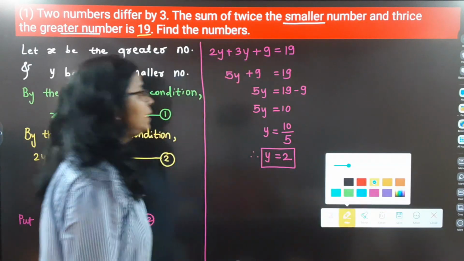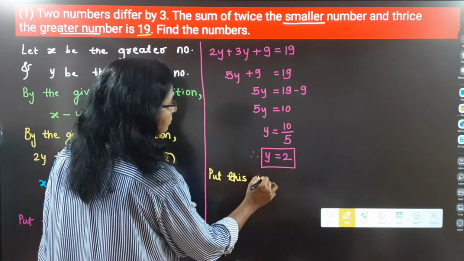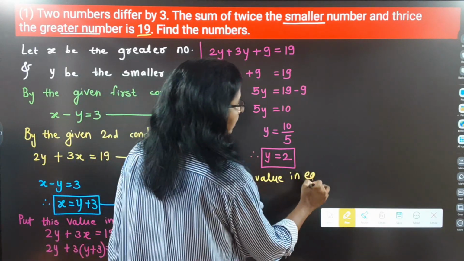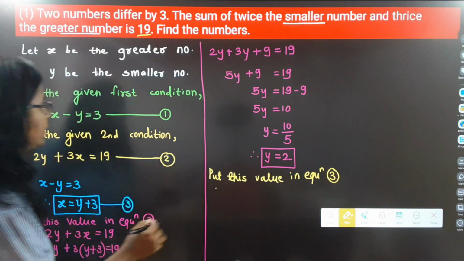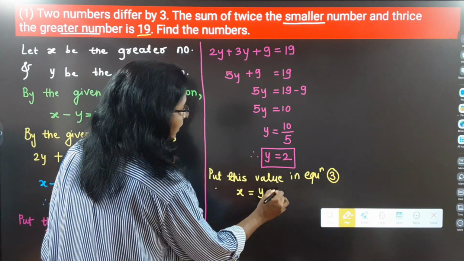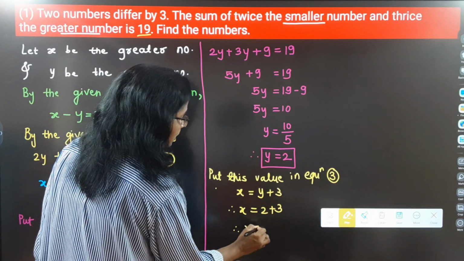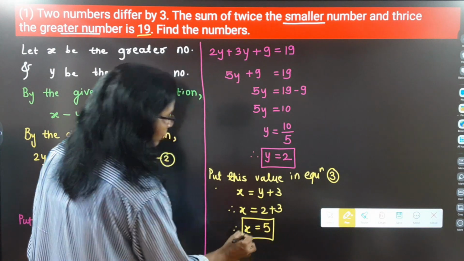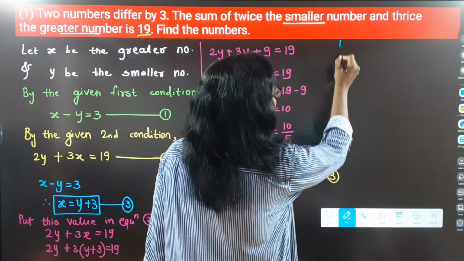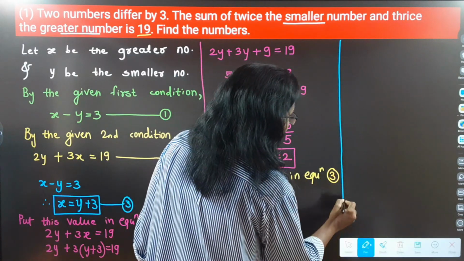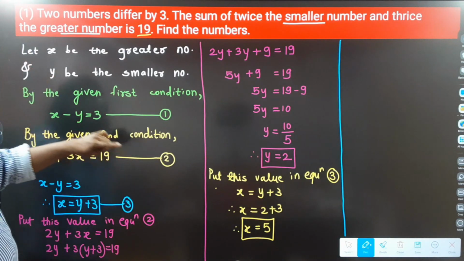Then the next part is to put this value of y in equation 3. The third equation is x is equal to y plus 3. Therefore x is equal to 2 plus 3. Therefore x is equal to 5. Now we have the values of x and y, and that is our assumption. x means the greater number and y means the smaller number.